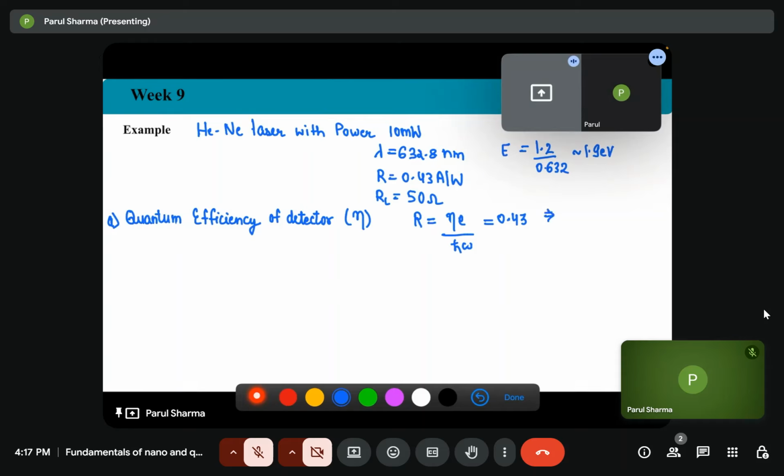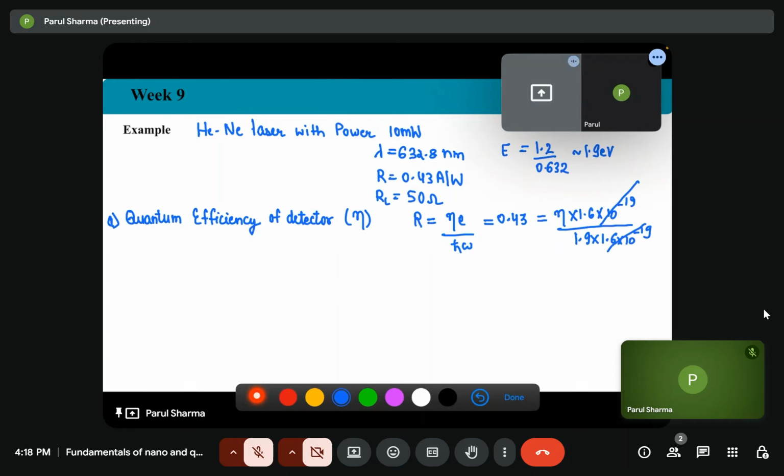So eta equals 0.43 by, where e is the electronic charge and h cross omega is 1.9.